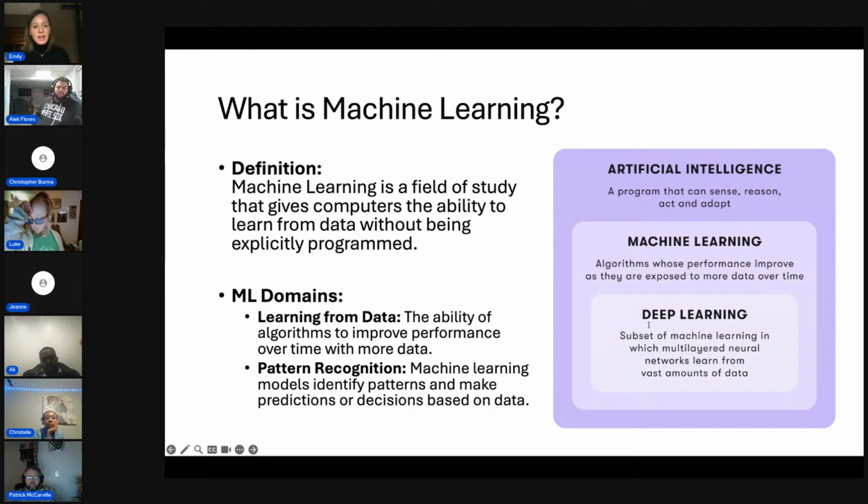And an artificial intelligence program that can do all of those things probably brings a lot of different tools to bear in order to accomplish that. So it's not one machine learning model or one deep learning model. It probably has a lot of models as part of a complex system in order to be artificial intelligence, to be a program that senses, reasons, and adapts.